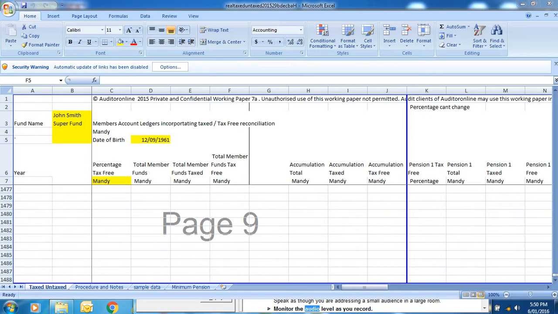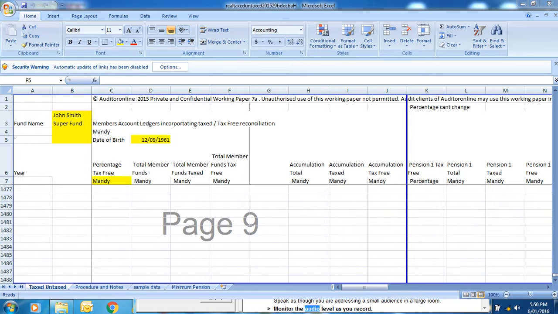If an employer makes a tax-deductible contribution, taxed or untaxed? What if you get a co-contribution from the government, taxed or, I shouldn't say untaxed, taxed or tax-free? What if you get proceeds from insurance? Is that taxed or tax-free?